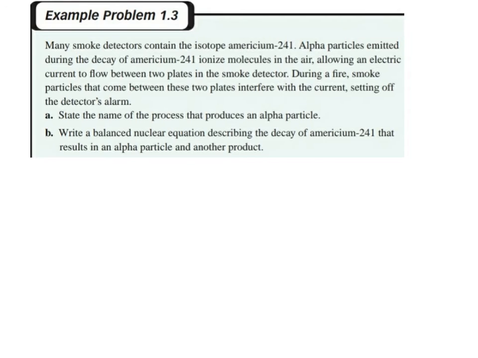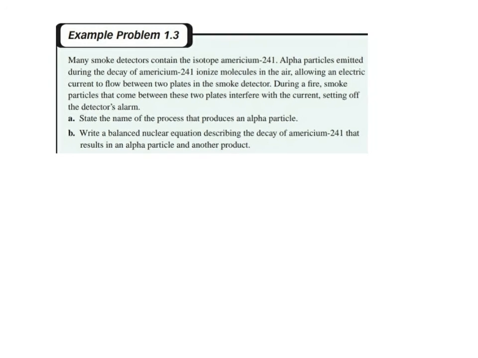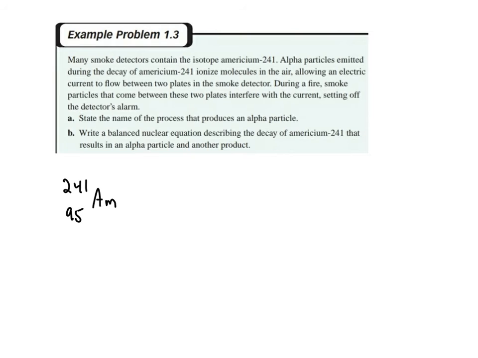Okay, the second is write the balanced nuclear equation describing the decay of americium that results in an alpha particle and another product. So the way we're going to do this is we need to come up with a nuclear equation. The nuclear equation in this case is going to be 241, 95, and the symbol Am.